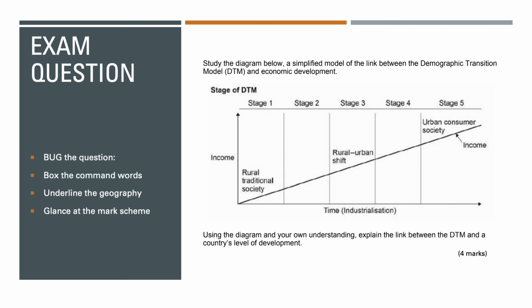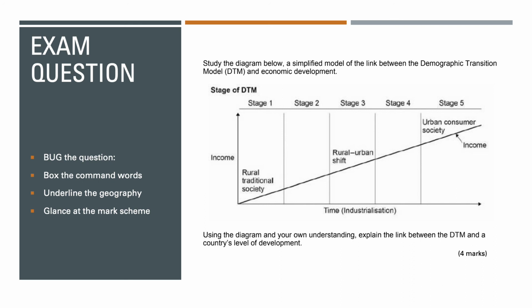Okay, so we've got a graph which shows time and income, and the amount of income increases over time. So the country that's shown on this graph is developing. And across the top, they're showing the different stages of the demographic transition. So what you need to do to answer this question is explain how the two things are linked.